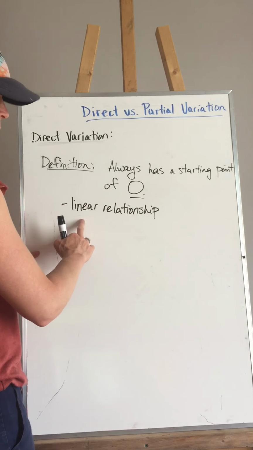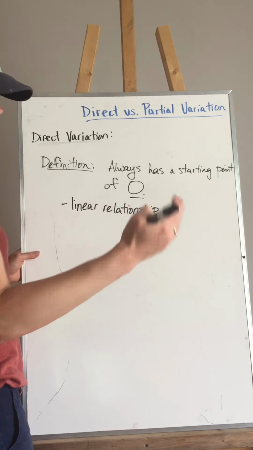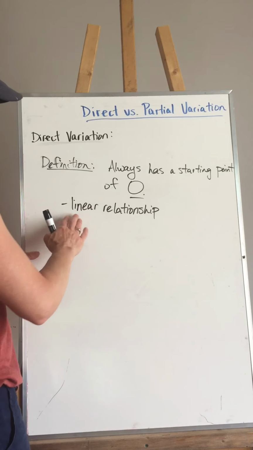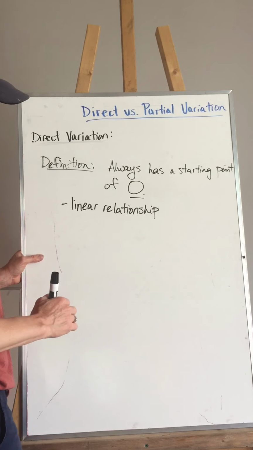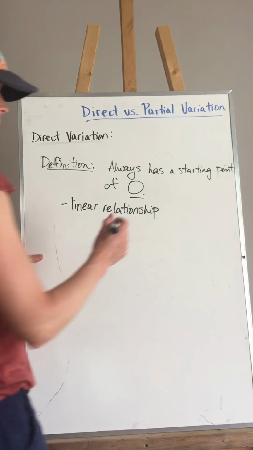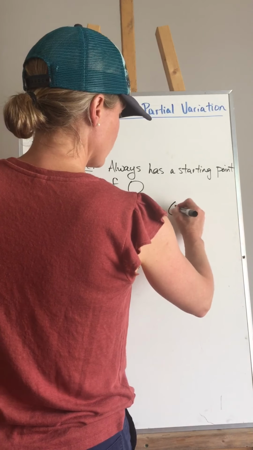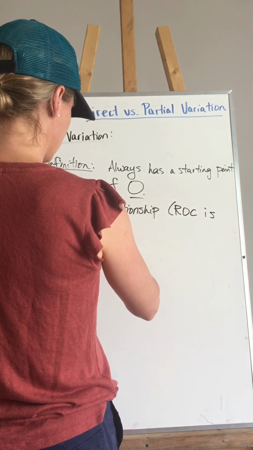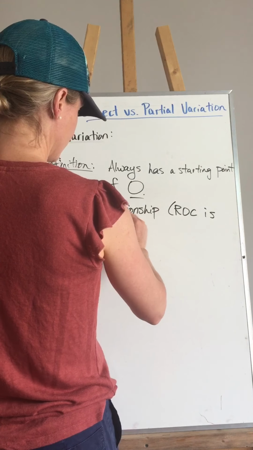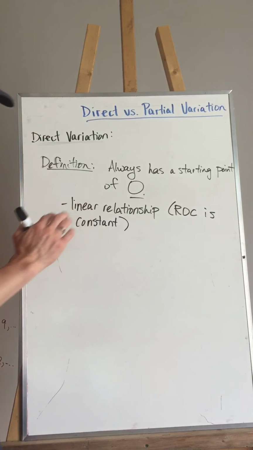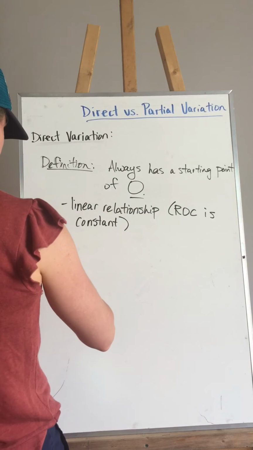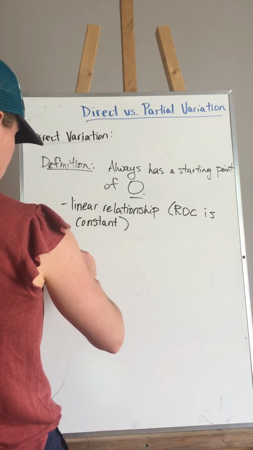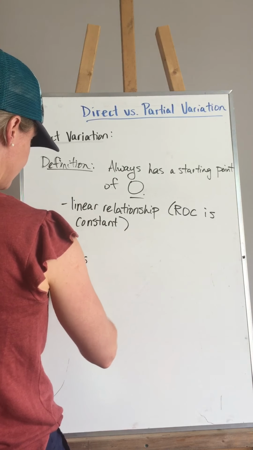Next year, you will cover quadratic relationships, where the rate of change actually changes over time. But right now, we're just going to cover linear relationships. So it's a linear relationship, so just put in brackets, rate of change is constant, okay? So it doesn't change, always the same. So that's your definition. So we'll give a few examples of direct variation.